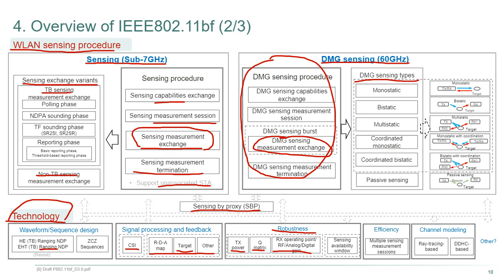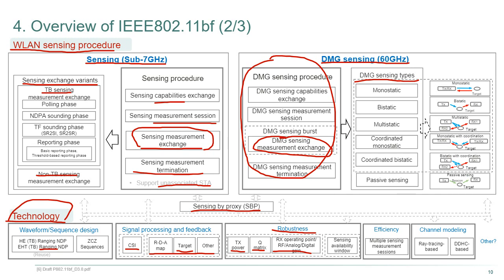With the standard support, we can enable multiple sensing measurement sessions to support multiple sensing applications, for example presence detection, fall detection, weather sign monitoring, something like that. So we have different sessions to support different applications and use cases.